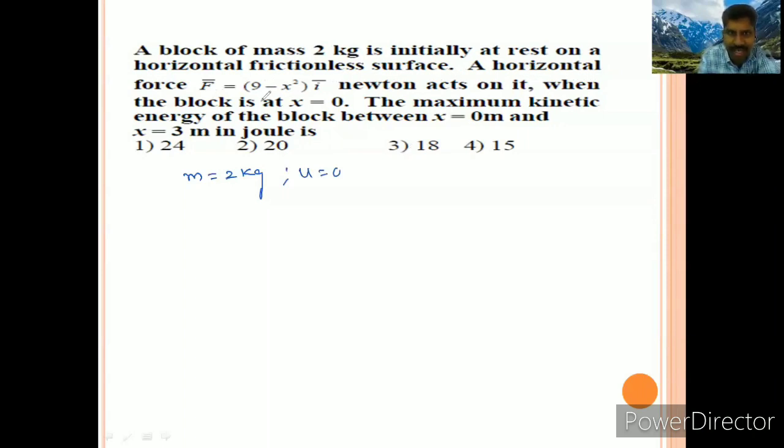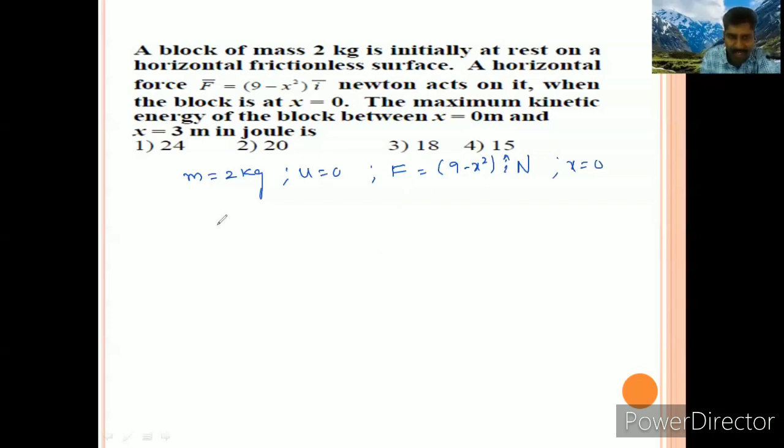A horizontal force F is equal to 9 minus x square i cap newtons acts on it. The maximum kinetic energy of the block between x equal to 0 meters and x equal to 3 meters, in joules. So what is the maximum kinetic energy we need to find out?